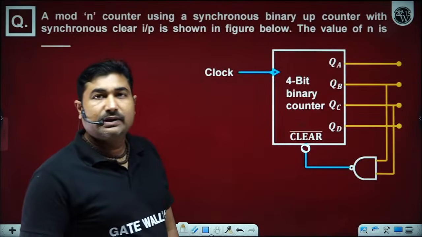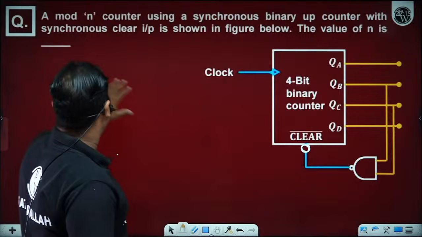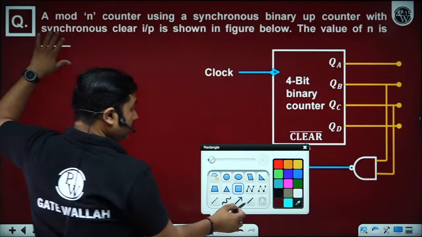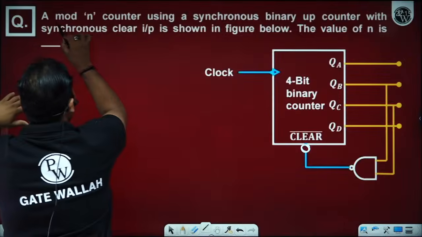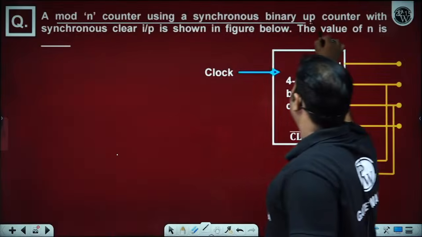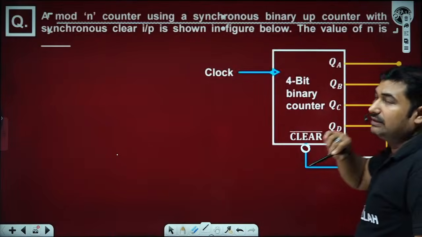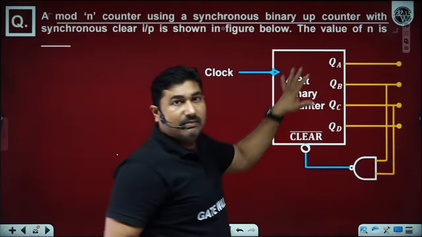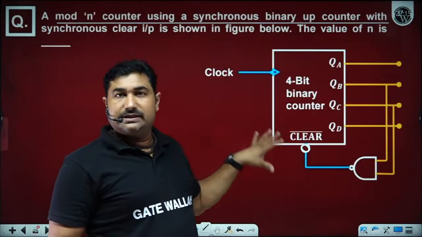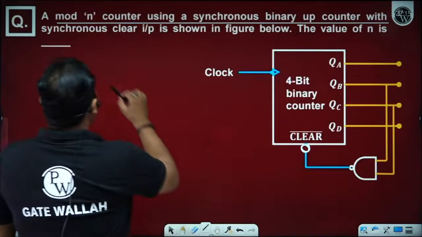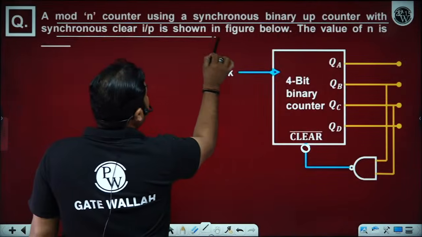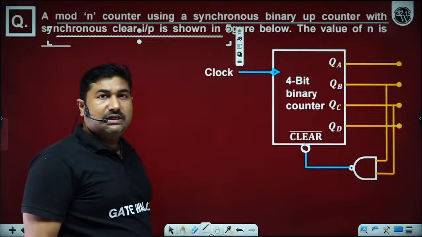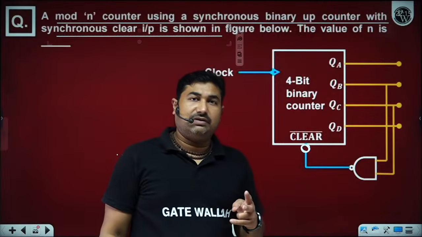So we have a mod n counter using a synchronous binary up counter, with a synchronous clear input. See, we have 2 types of clear pin.